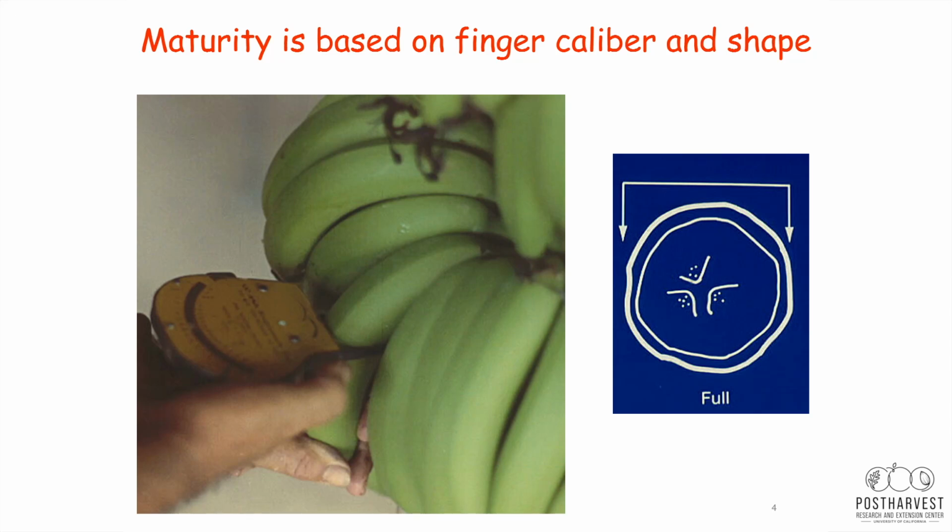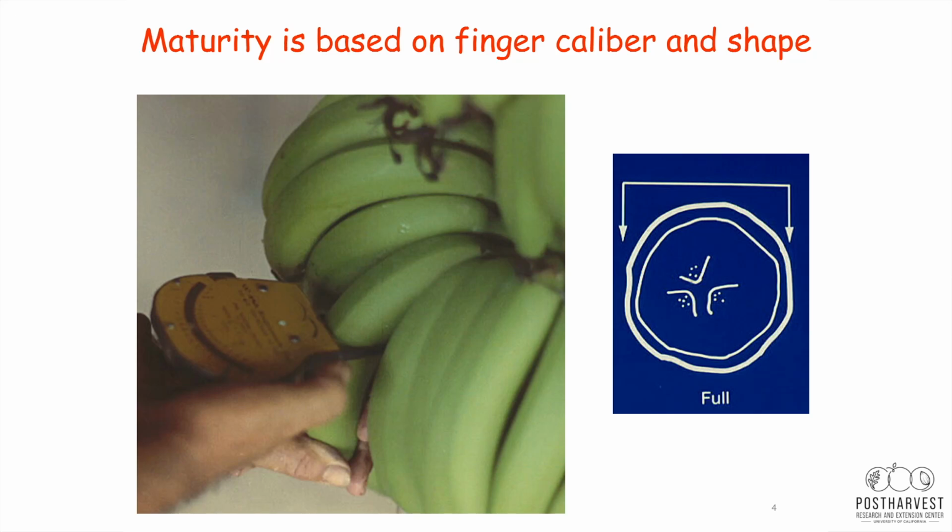So sort of like what Jeff talked about, that in the mango, the shoulders fill out as the fruit matures. In bananas, you'll have that rounding effect. And so the idea is to pick the banana when it's 3/4 to full round. And that would be the minimum maturity index for picking the bananas.